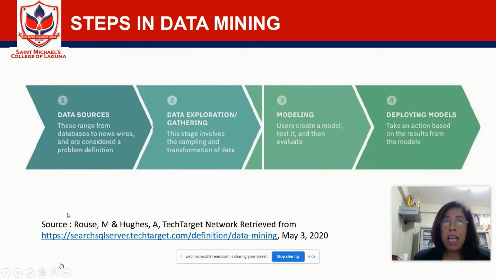For the second stage, we have the data exploration and gathering. In this stage, we apply a sampling method which represents the population of the study. And once we have collected the data, we transform those data and do some data cleaning by eliminating irrelevant data to avoid biased prediction.